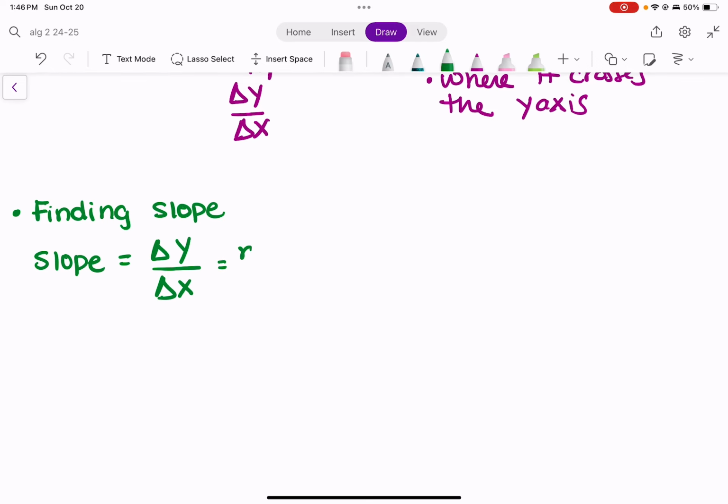It can also be represented as rise over run, right, which is usually useful in graphs. And then change in y, this right here, is just the same thing as me saying y2 minus y1. And this, the change in x, is the same thing as me saying x2 minus x1. So if you like formulas, you'll like this last one, okay?